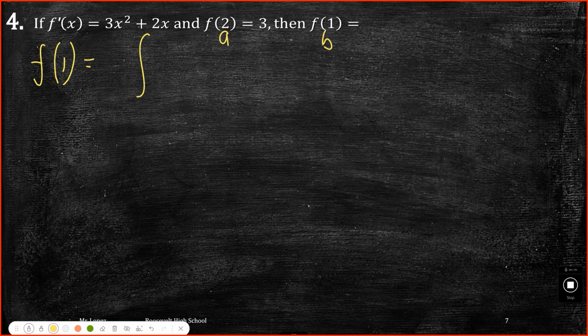Is equal to what? What do we put down? The lower limit is what? 2. And then this is 3. Plus, this is what? 1. What the heck? And then we're gonna do this, 3x squared plus 2x dx.